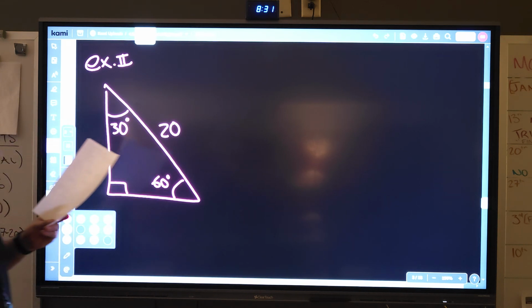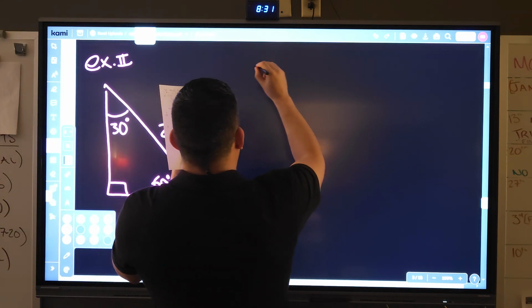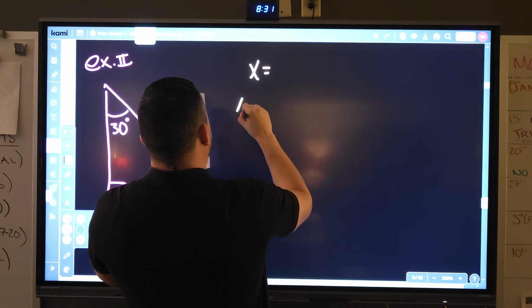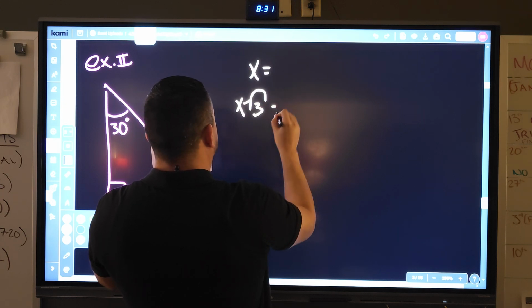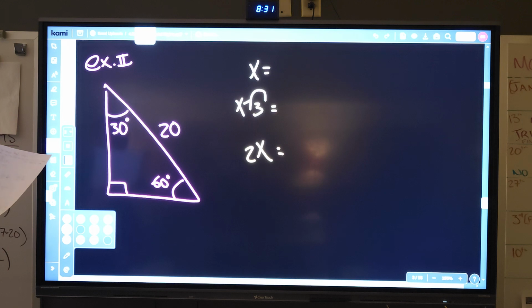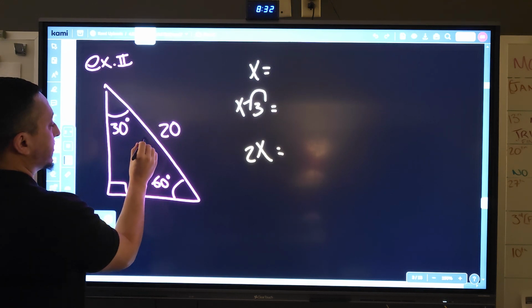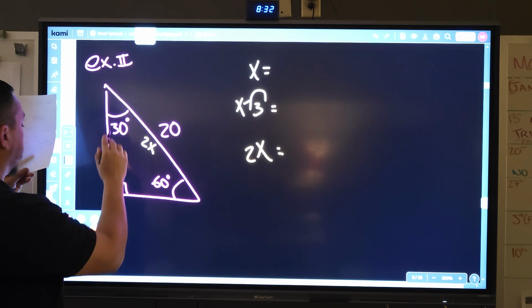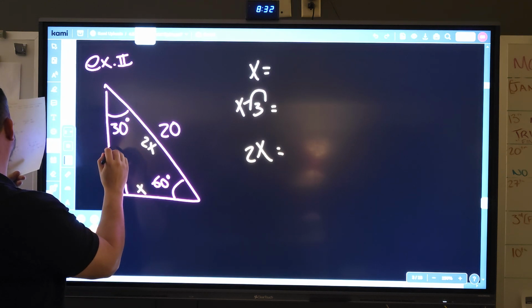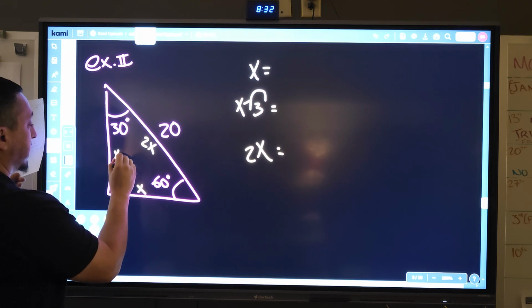Again, really important with these, I would write these on the side: x, x square root of 3, and the hypotenuse is 2x. Looking back at my reference angle, I know the hypotenuse has to be 2x, the short side, the 30 degrees, has to be x, and then the long side has to be x square root of 3.